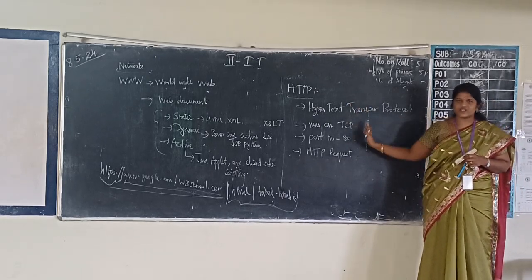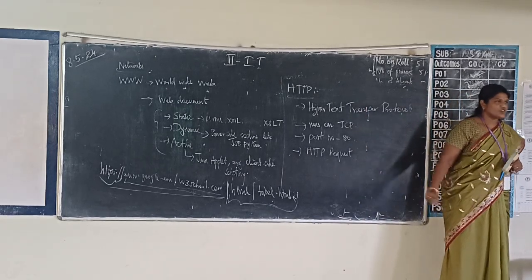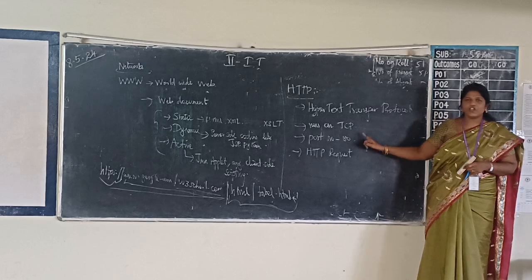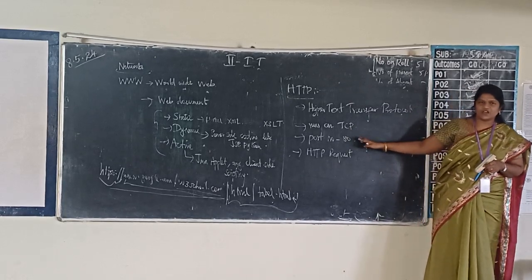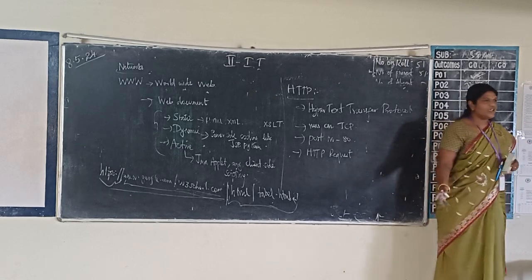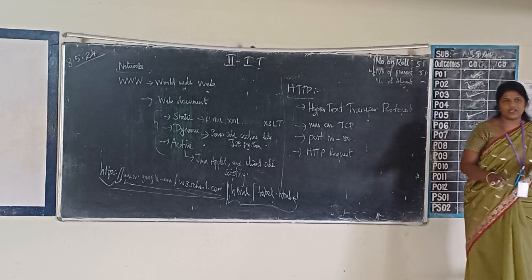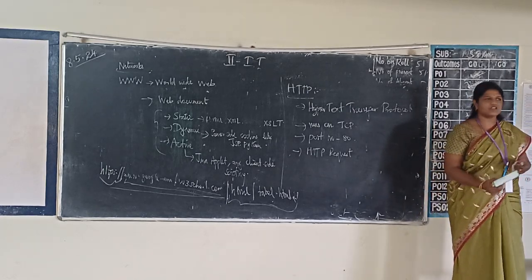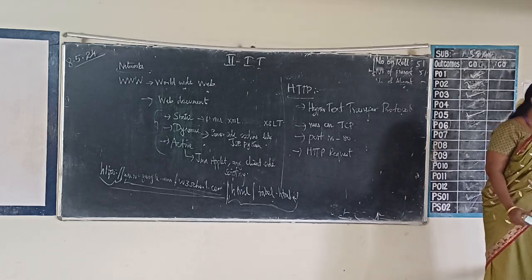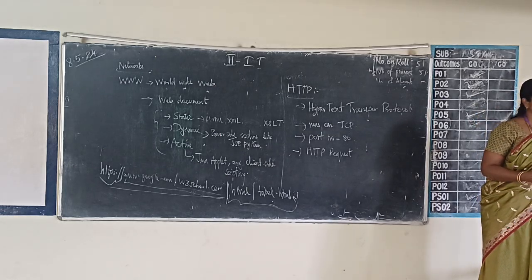That is how HTTP uses TCP, and it uses port number 80. HTTP by default uses port number 80. The HTTP server uses port 80, and the HTTP client uses a temporary port number, whatever is available in the client system. In HTTP we have two kinds of messages: HTTP request messages and response messages.